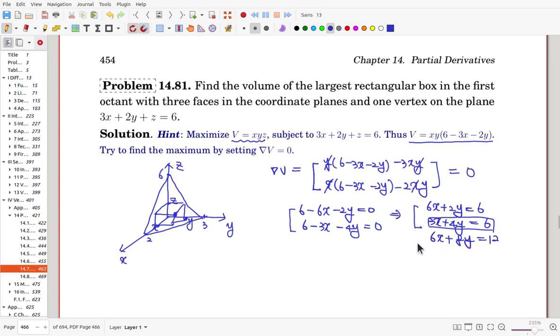Then subtraction gives minus 6y equals minus 6. That means y equals 1.